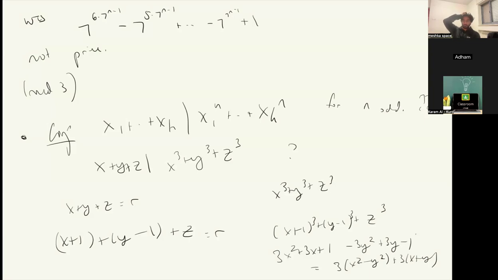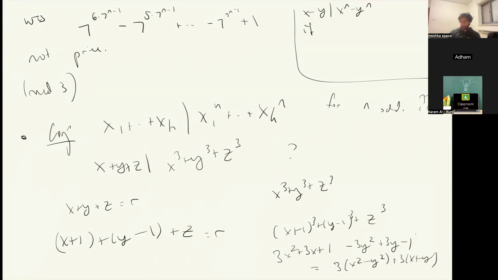Okay, I think the answer is no. And the reason I think it's no is because, here's one way to show that x minus y divides x to the n minus y to the n.